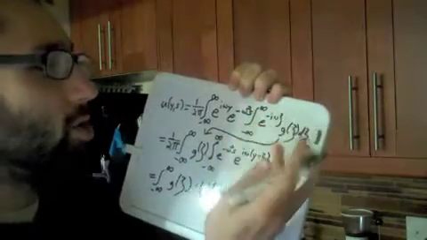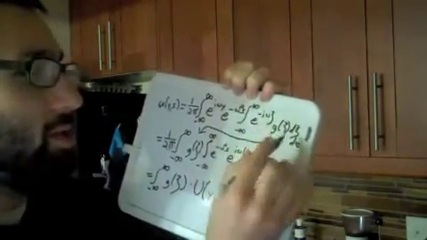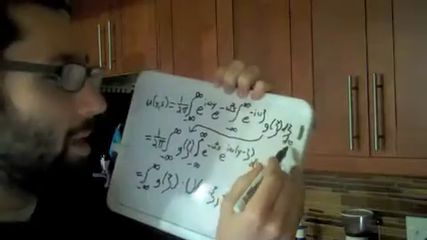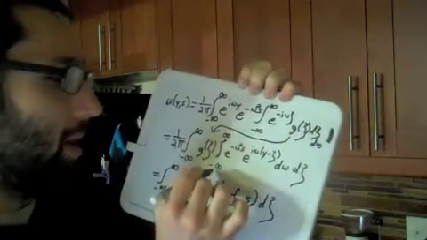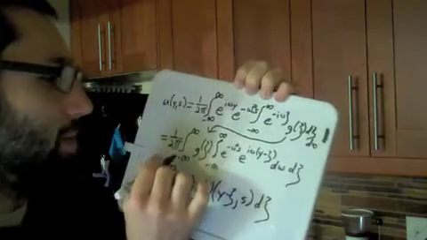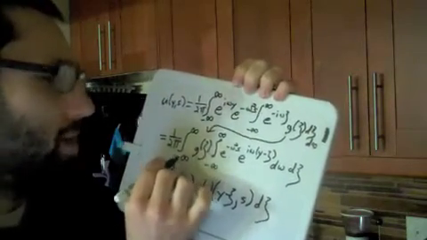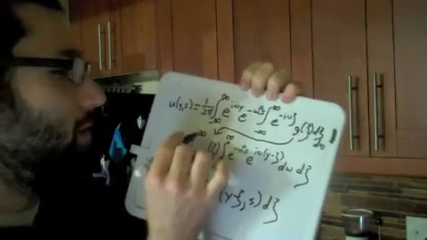And so when we change the order of integration, notice this is going from d xi to d omega. This now is omega going from minus infinity to infinity.